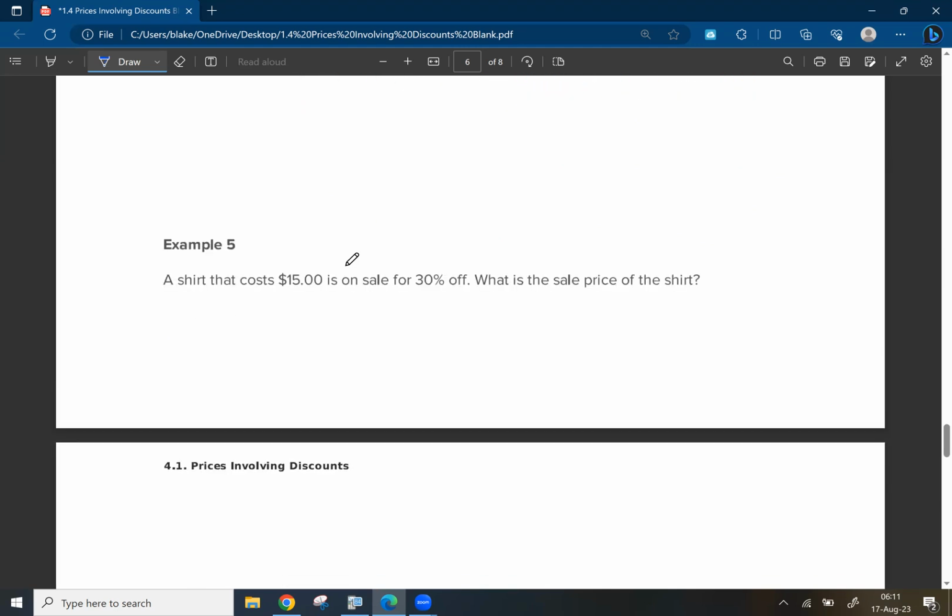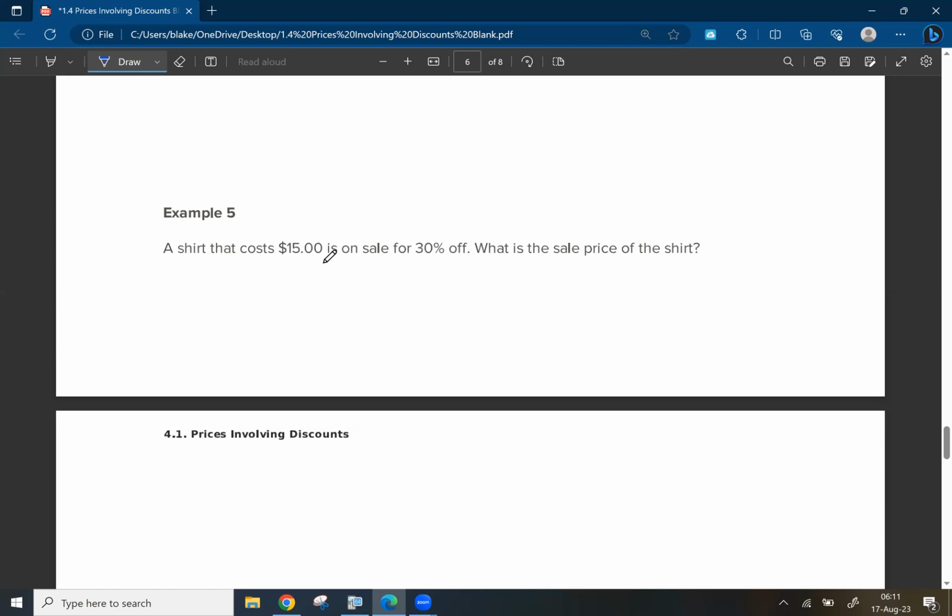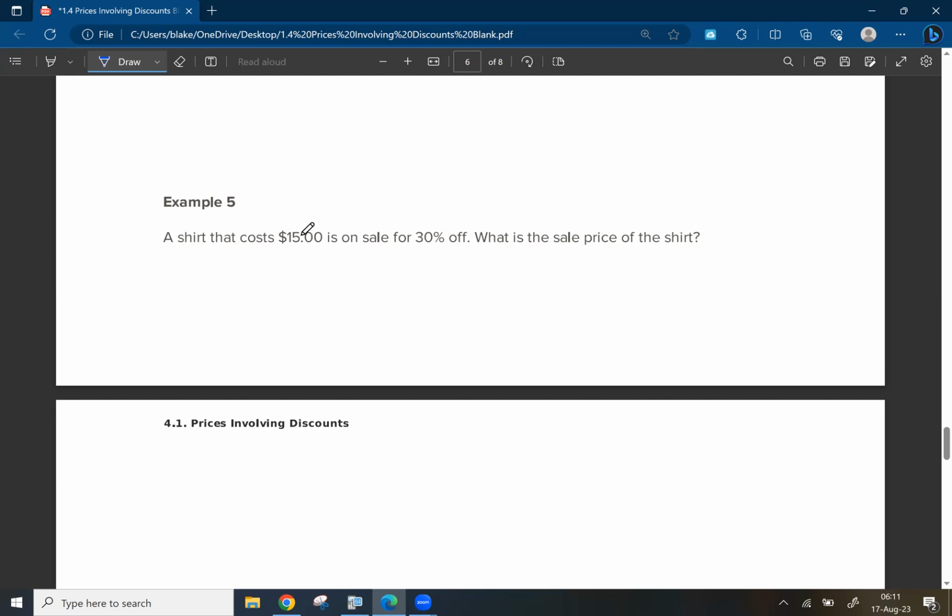All right, and then final example, a $15 shirt is on sale for 30% off. We're going to try to do this one in our head because it is an even dollar amount and it's 30. I feel like we can handle this. So $15 times 30%. Now let's think about what 10% of 15 is. 10% of 15 is 1.5 or $1.50.